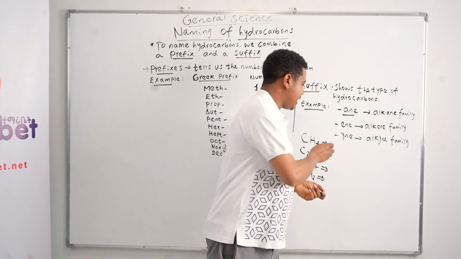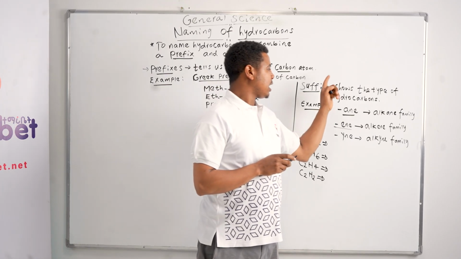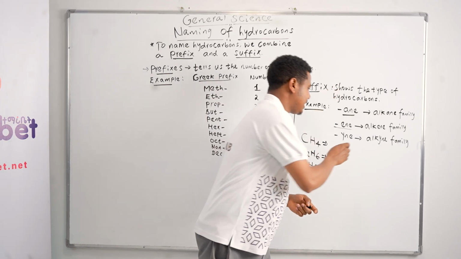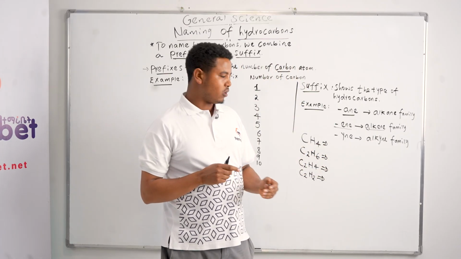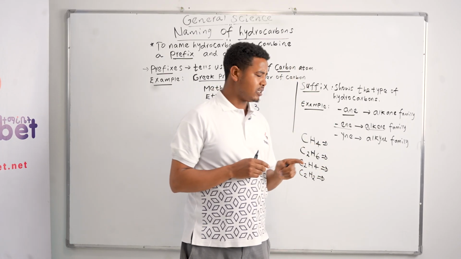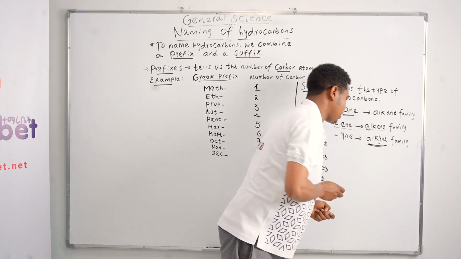And if it ends with Ene, the hydrocarbon is in the alkene family. And if the compound ends with Yne, that shows you the hydrocarbon is in the alkyne family.